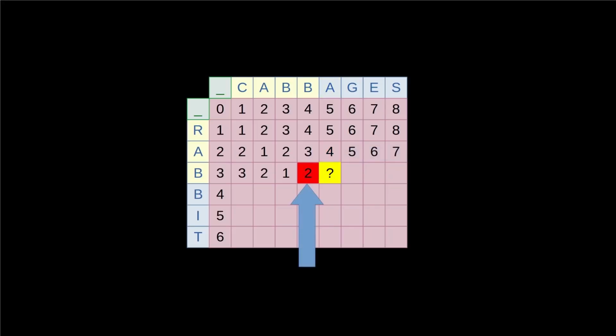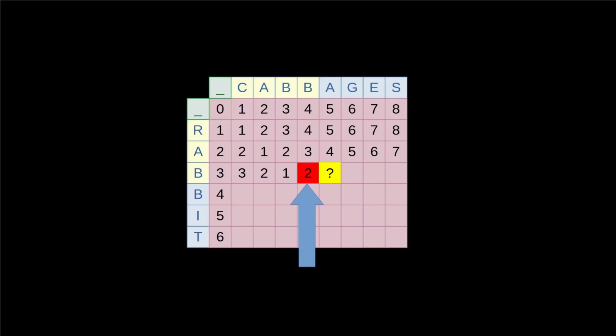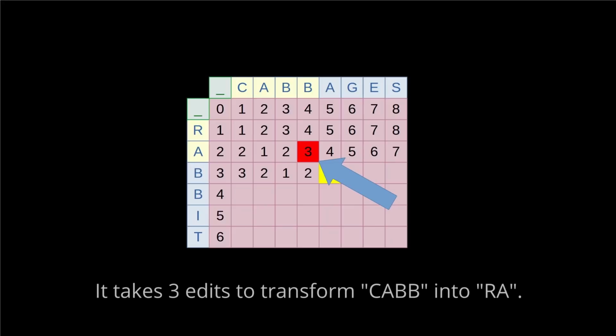This 2 just down here says that 2 edits are required to transform the substring CABB into the substring RAB. The other box that's interesting is this 3 just here, diagonally left and above our little question mark box. This corresponds to the substrings CABB and RA.